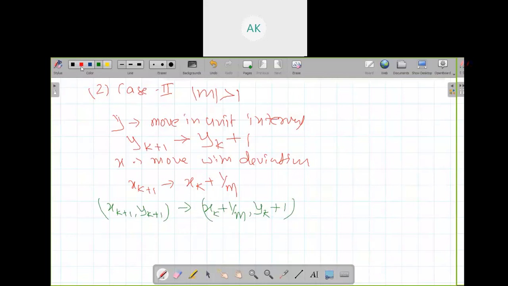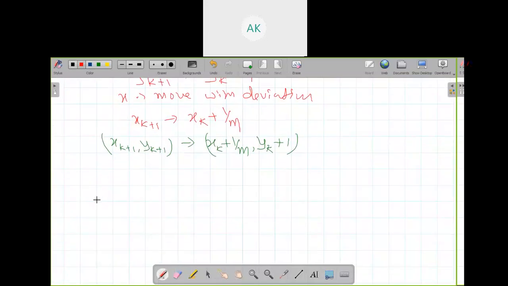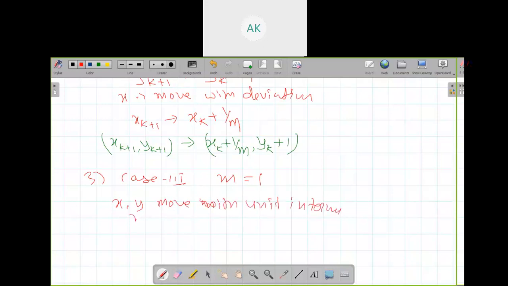Case 3 is very simple. When m is exactly equal to 1, then x and y both move with unit interval, which means the next point xk plus 1, and in the same way the next point of y will be yk plus 1.